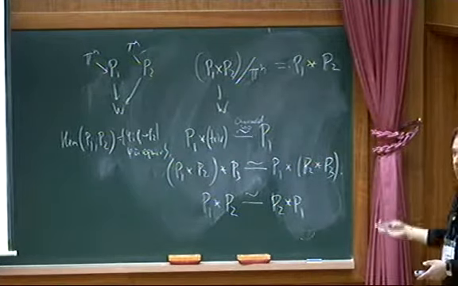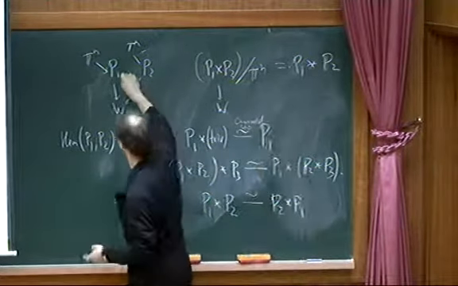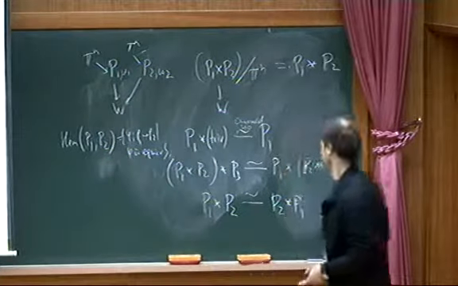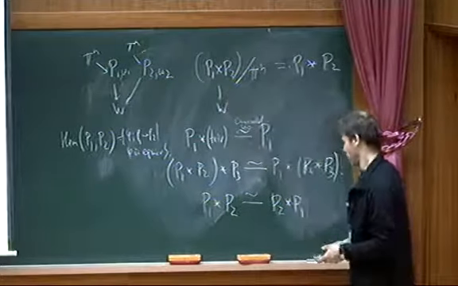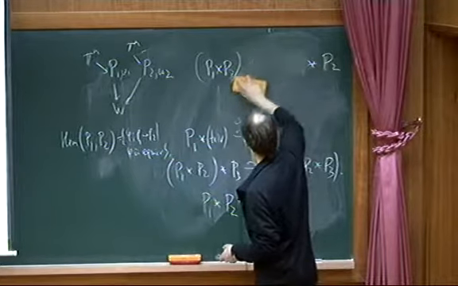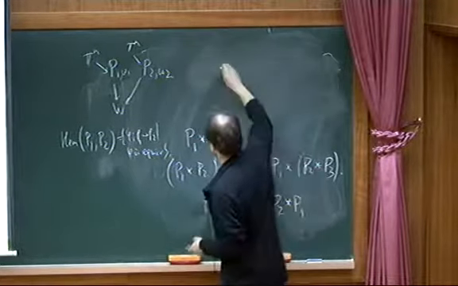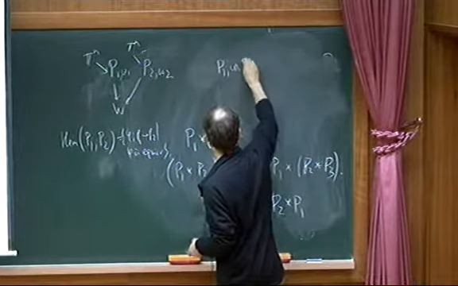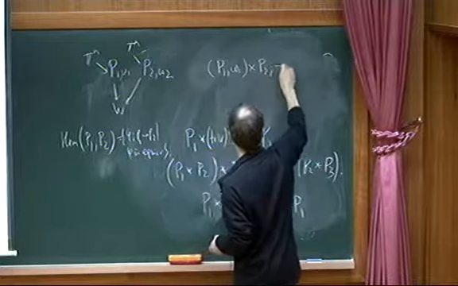Now I want to add the forms, right? So the objects in my category are these guys. Somehow I have to stick a symplectic form on this. And the answer is, yes, you can do it, but what do you actually do? Well, you take P1 with omega 1 cross P2 with minus omega 2.